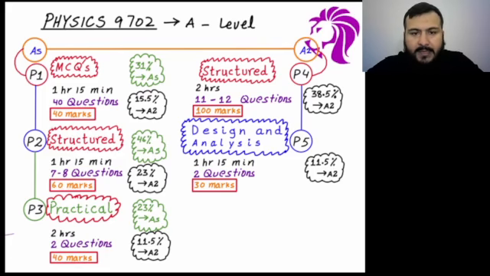So if it's double, that means its difficulty level would be higher as well. And if it's double, that means the content that would be assessed for paper 4 is also going to be much greater. In paper 2 you have just chapter 1 till chapter 11 to be tested, but in paper 4 you have chapter 12 to chapter 25 to be tested.